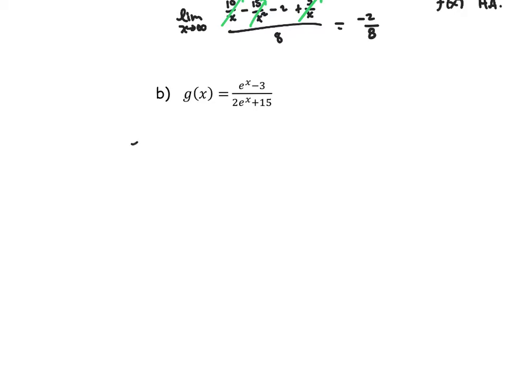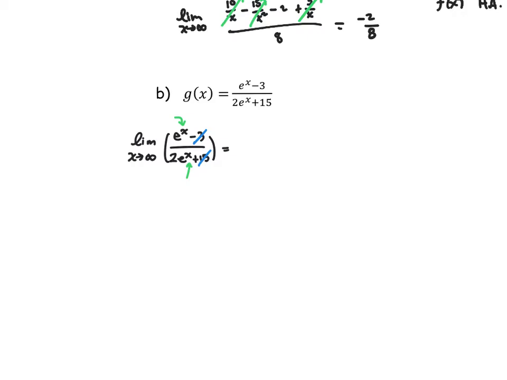Okay, so let's do two limits. Let's do the limit as x approaches infinity of e to the x minus 3 over 2e to the x plus 15. Now I don't have a special method for you in this limit, but what I can tell you is that as x increases without bound, these values of -3 and 15 become irrelevant.